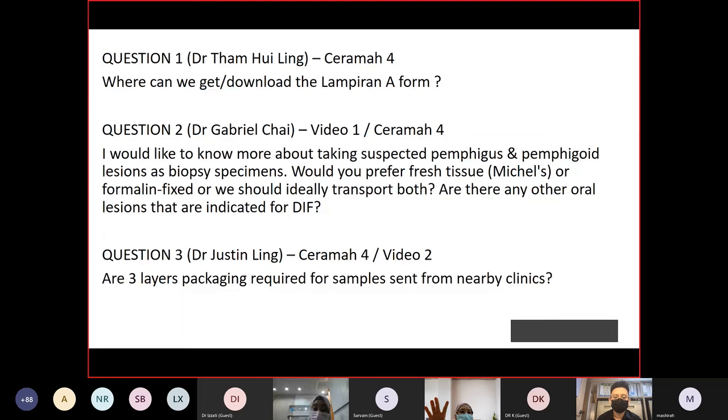Am I correct, Fairuz? Yes, right. So for Sarawak, we don't actually have Lampiran A because Lampiran A is not standard. Lampiran A is more up to the facility providing the service.